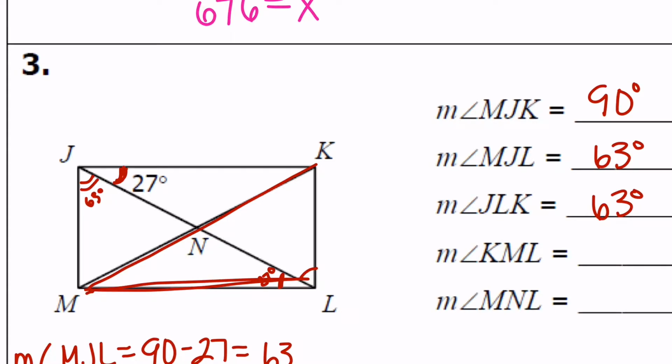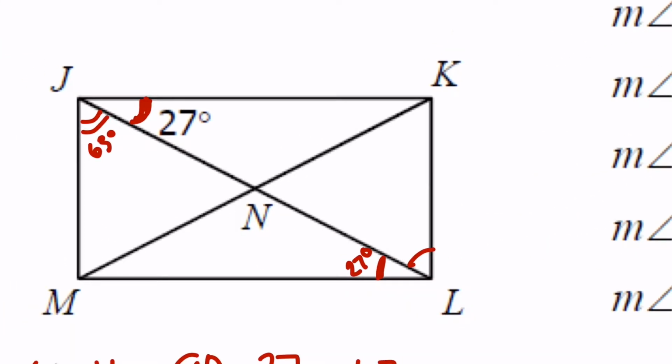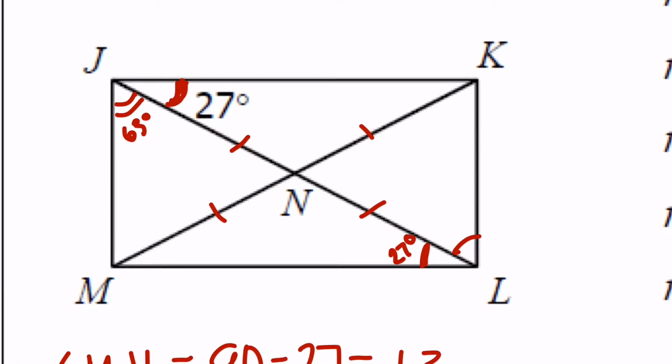This one's a little bit different. Oh, now I remember what I did. Since all of these are congruent because it's a rectangle, it forms a bunch of different triangles. So notice this triangle down here that it forms. Think back to our properties of triangles.